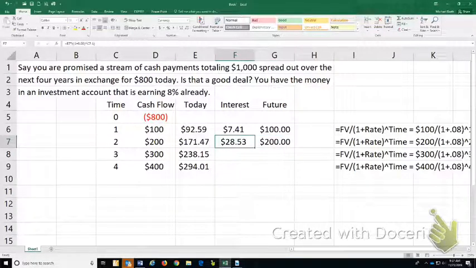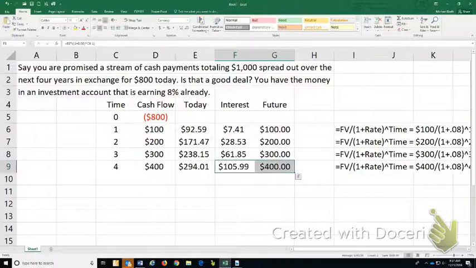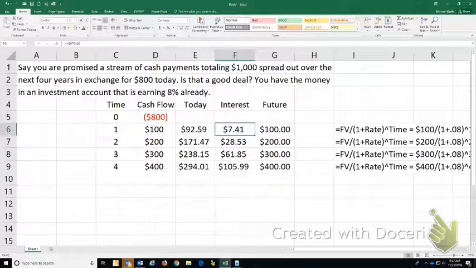So essentially, if I follow through on each of these, what that means is that if I started with this amount today, that would generate $100 a year from now. This amount would generate $200 a year from now. This amount would generate $300 3 years from now. And this amount would generate $400 4 years from now.